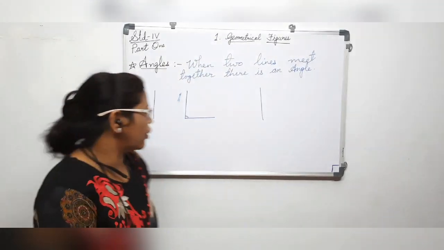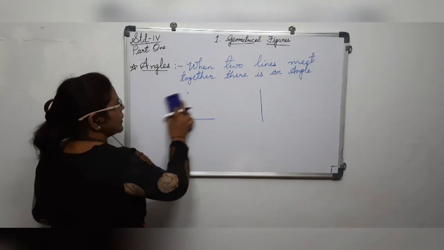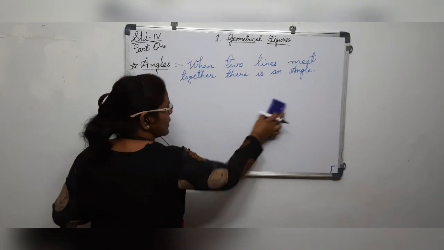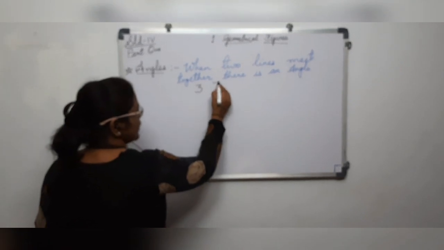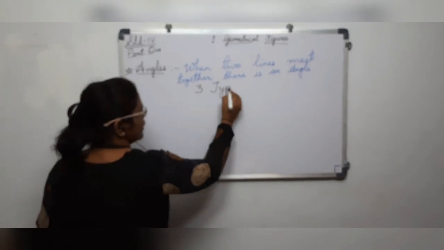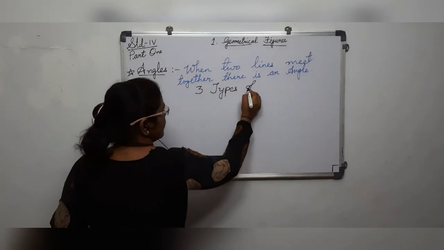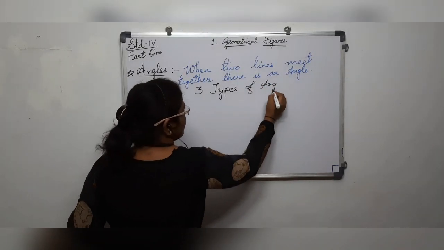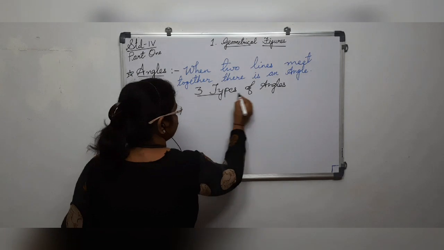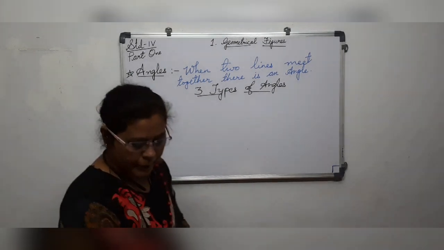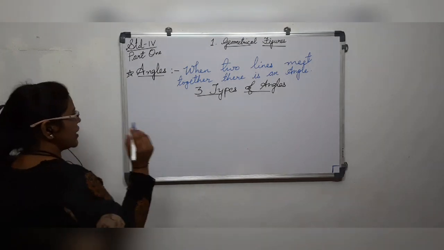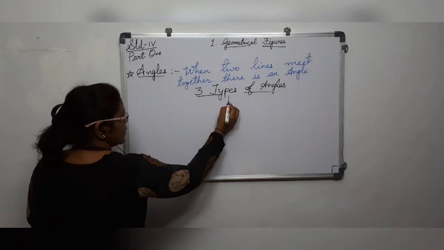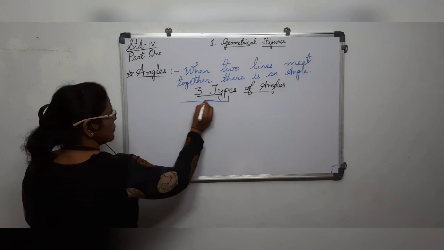In grade 4 you are going to learn three basic types of angles. These are very important angles, a very important chapter. Just pay attention, my dear students.